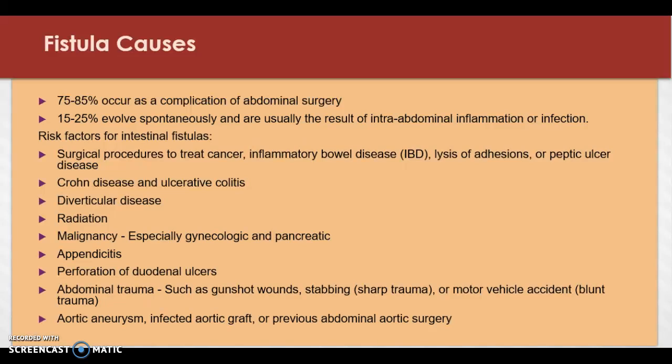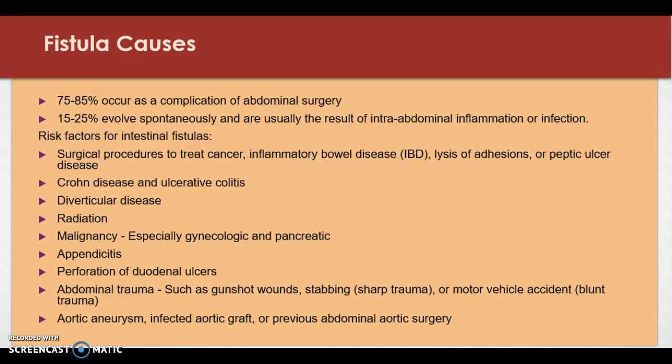These are just some other risk factors associated with fistulas: surgical procedures, having inflammatory bowel disease. If you've had a previous lysis of adhesions surgery, or if you have peptic ulcer disease, it can put you at risk. Again, Crohn's and ulcerative colitis, diverticular disease, having had radiation over the area of the abdomen, any other malignancy, even gynecological or pancreatic.